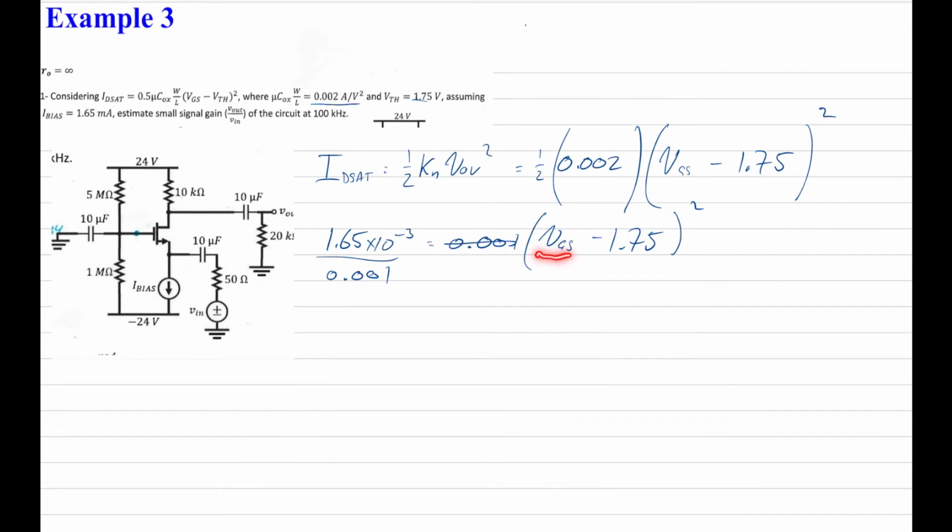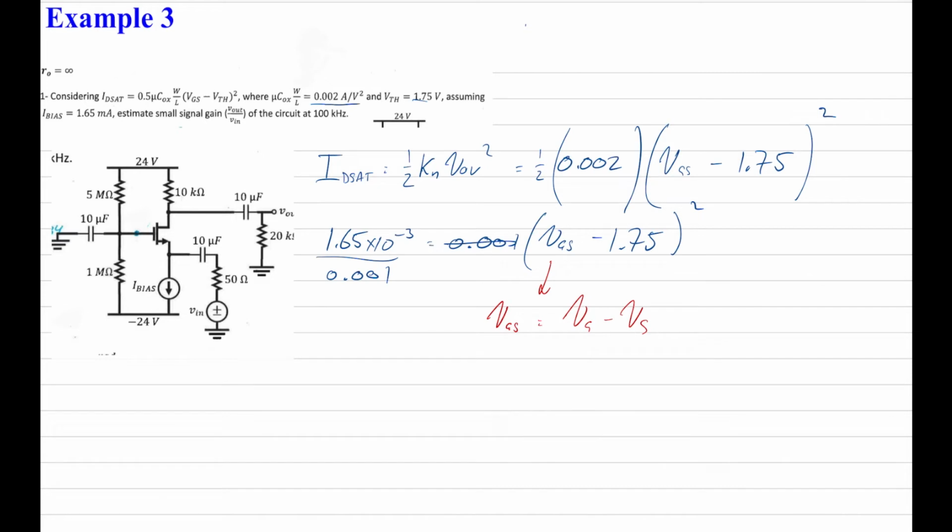VGS really means the gate voltage minus the source voltage over here. So let's calculate what the gate voltage is first of all.